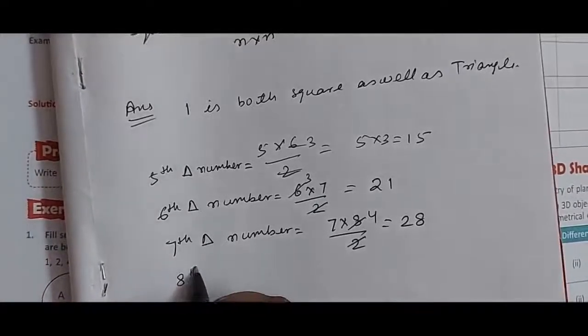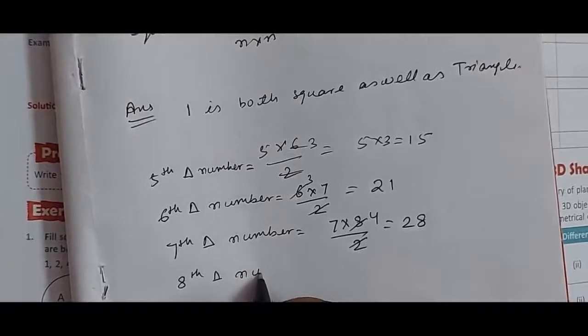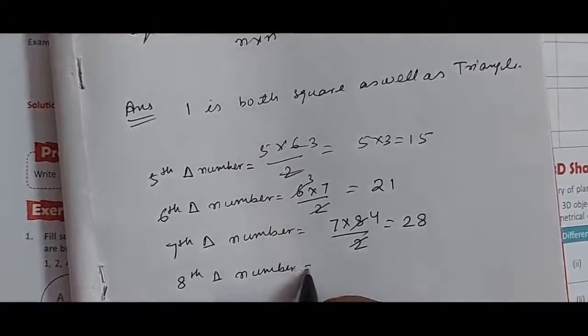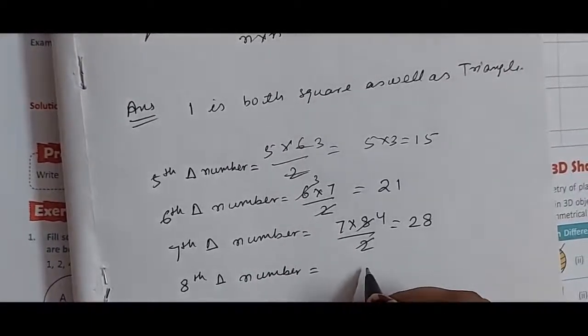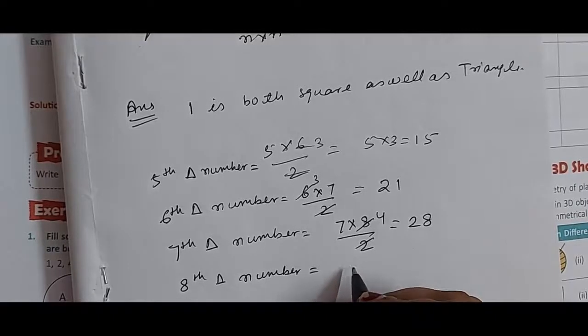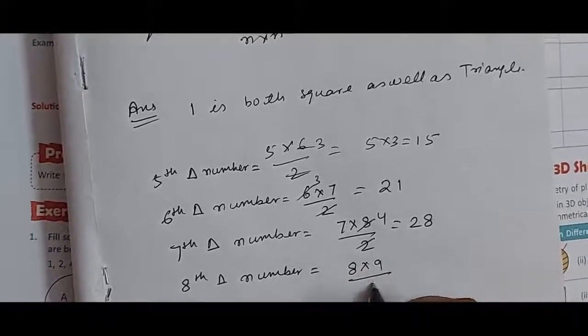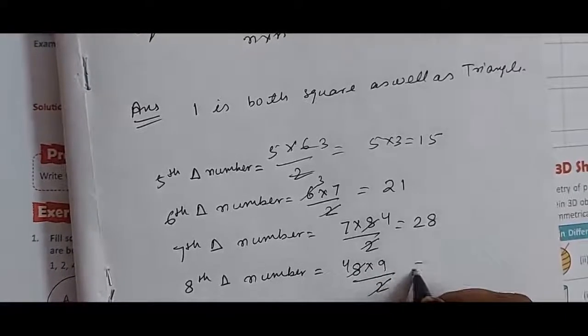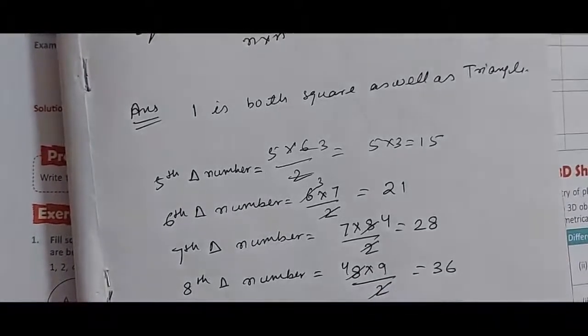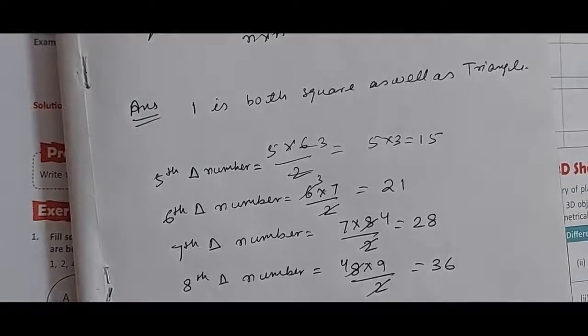Then take out the eighth triangular number. The eighth triangular number is what? 8 into 9 by 2, 36. Okay. 36 is the square of 6.